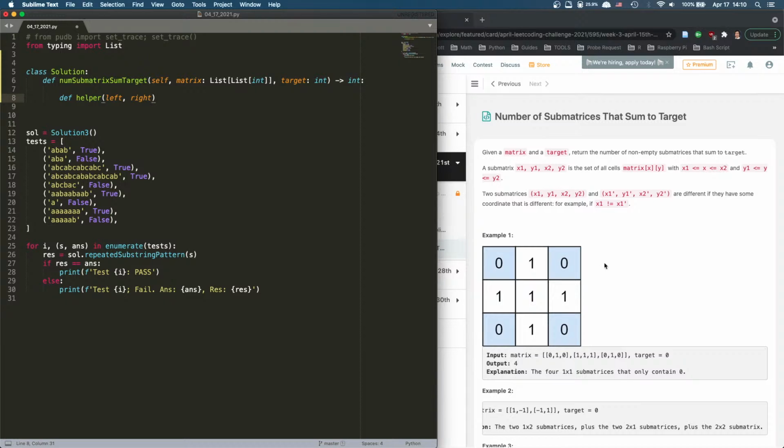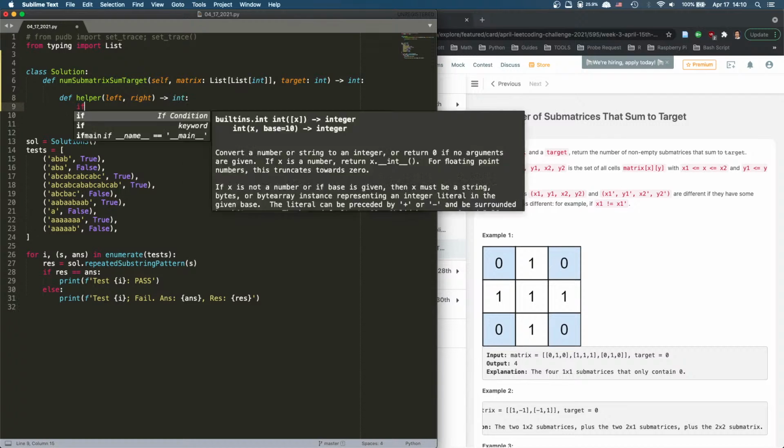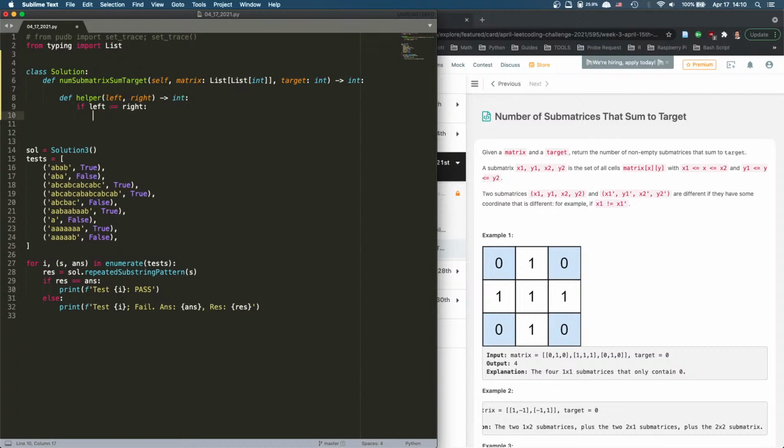And we're gonna return just an int. So if left is equal to right, that means we only have one column. So we're gonna handle the one column situation. How do we handle the one column situation?